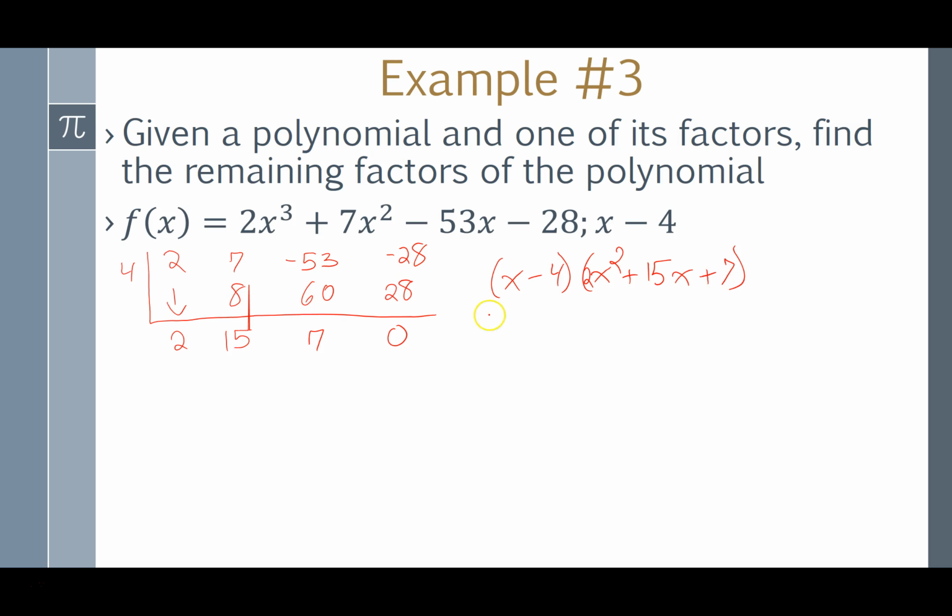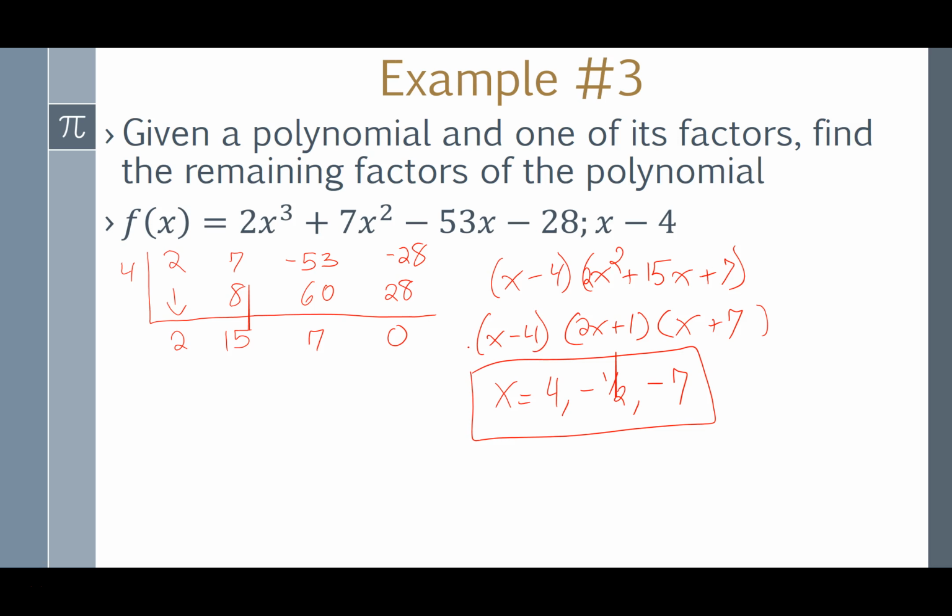So from here, you're going to have to factor that quadratic, go through your grouping method. When you do that, you'll find that you're going to get 2x plus 1 and x plus 7 as your two factors. Which means our solutions would have been 4, negative 1/2, and negative 7.